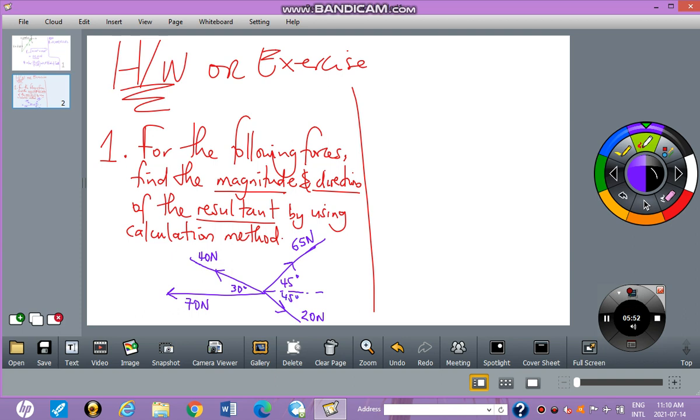All right, so find the resultant in terms of calculations.